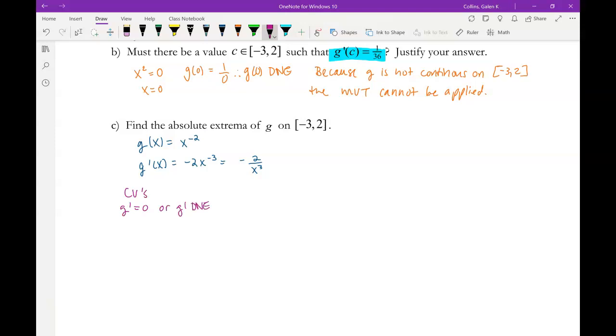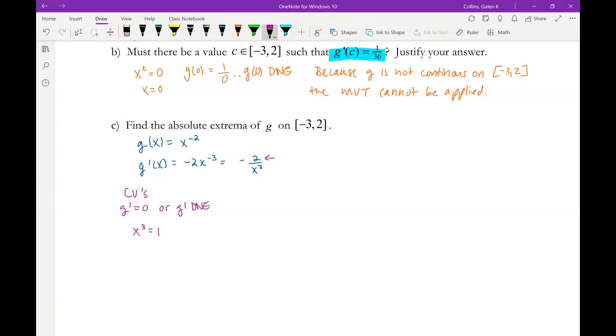Because based on the nature of our derivative, G prime's never 0 because it's a rational function and the numerator is either 2 or -2, depending on where you stick the negative. But if the numerator is not 0, G prime's never 0. If x isn't an expression in the numerator, I'm not going to get a 0 there.